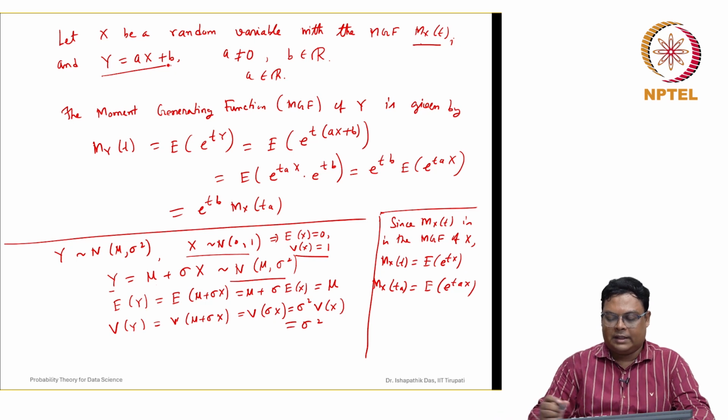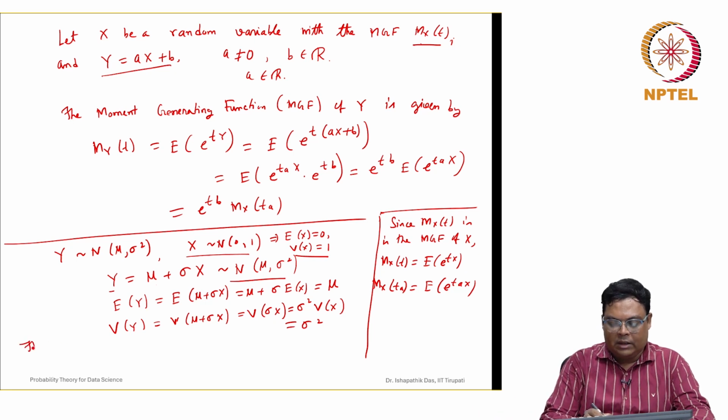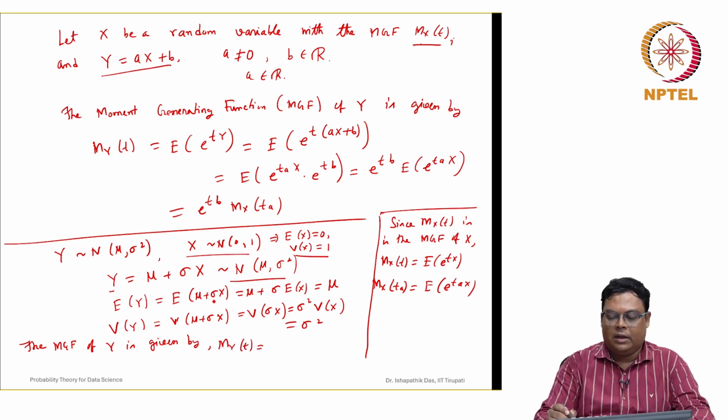This property says that the moment generating function of y is given by m of y at t. Now you can see ax plus b, so what is a here? Sigma is a here, so this is e to the power of t into b, into mx of t a. Now what is b? b is a constant, that is mu here.